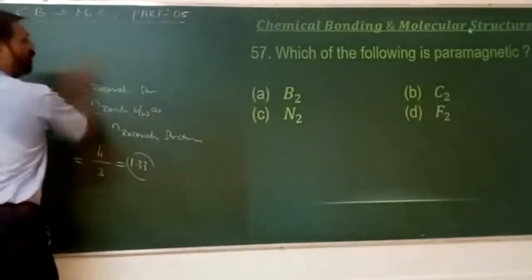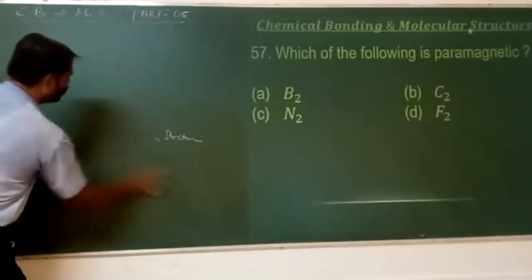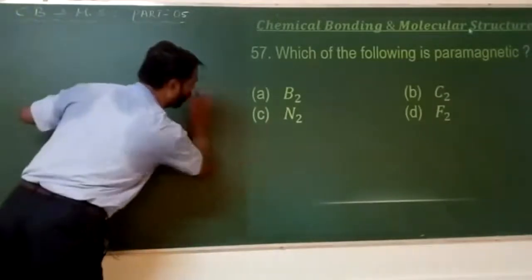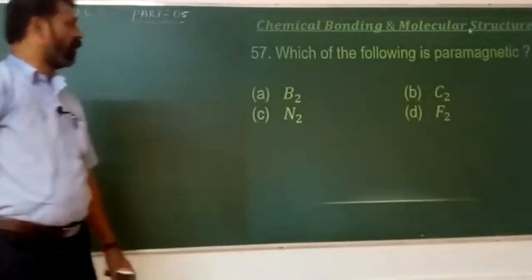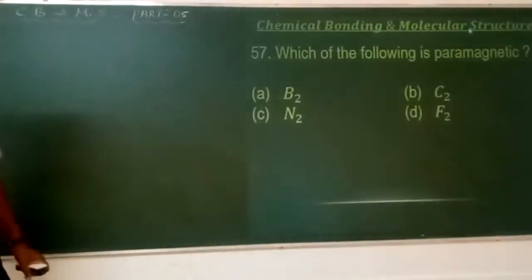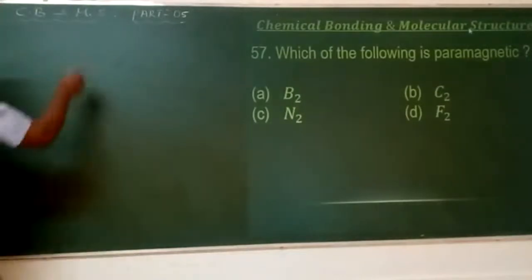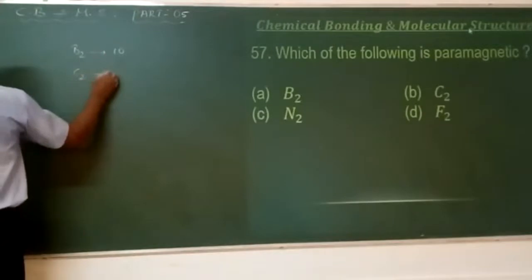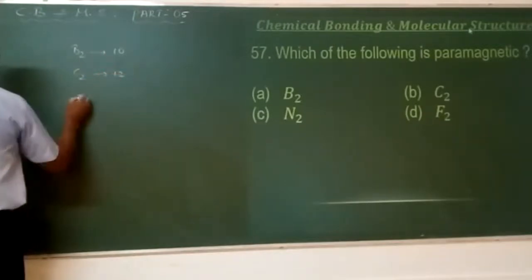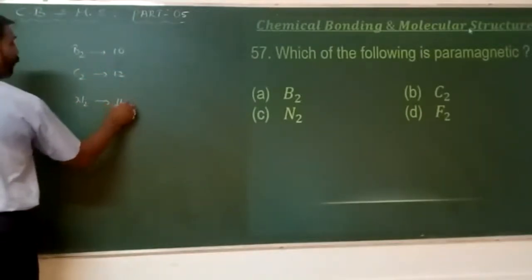Which of the following is found to be paramagnetic? B2, it is 5 2s are 10. C2, 6 2s are 12. N2, 7 2s are 14.